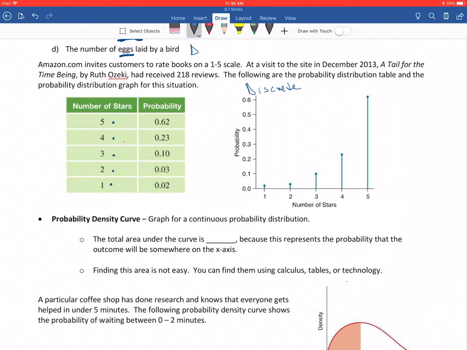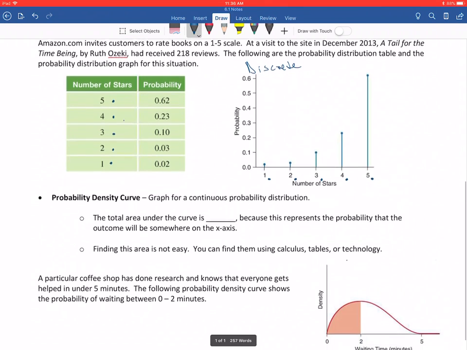So on the graph, notice again that there are no in the middle values here, that everything is either 1 or 2 or 3, no in the middle. So it shows us all of the outcomes. These are all the possible outcomes. And then each line represents the probability of each one. So that's what a discrete probability distribution looks like.